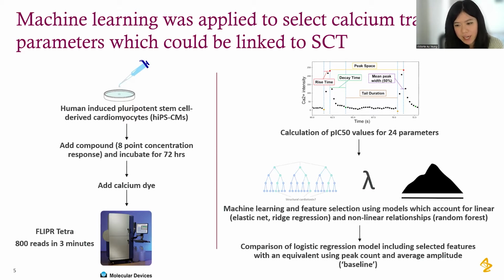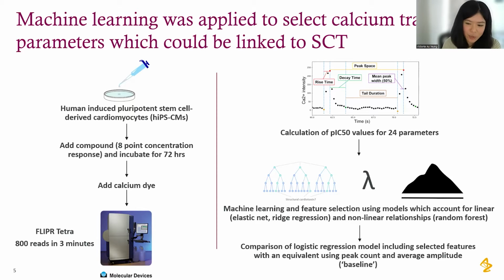Maybe they have additive or linear effects. So for this, elastic net and ridge regression are very good models for modeling those linear effects, but equally they could have nonlinear effects. So for this, we use a random forest model to try and capture those potential relationships. After that, we look at the important features of our different models, and we identify our handful of selected features.